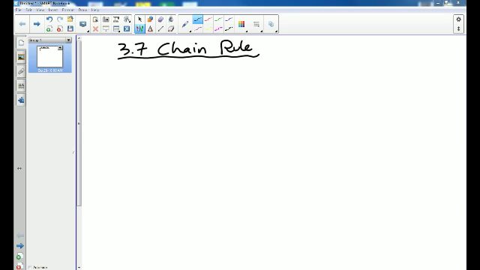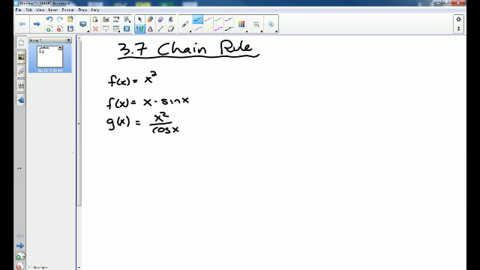So in running through all the different possibilities of ways we can combine functions, we've had simple exponent functions, the power rule. We've done products, we've done quotients.